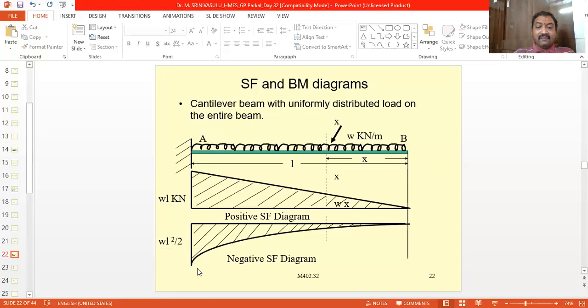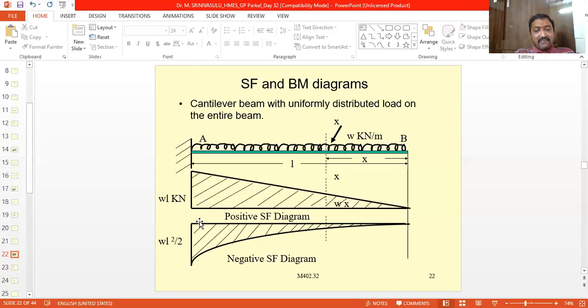So by just looking into the shear force and the bending moment diagrams, we are able to estimate where the minimum bending moment is occurring, where the maximum bending moment is occurring, and where the shear force is 0 or changing from positive to negative.